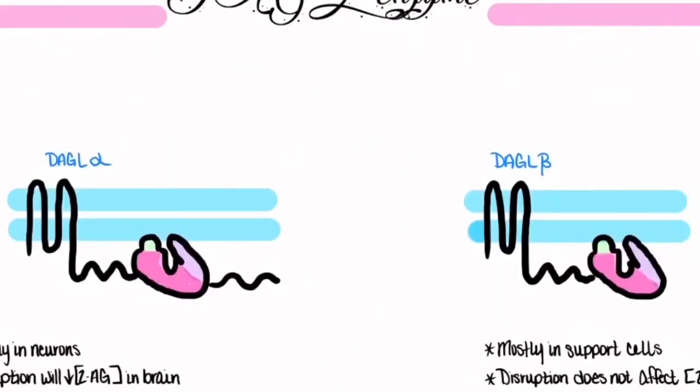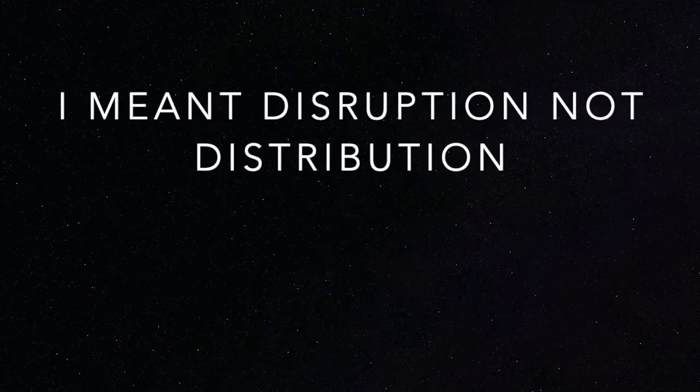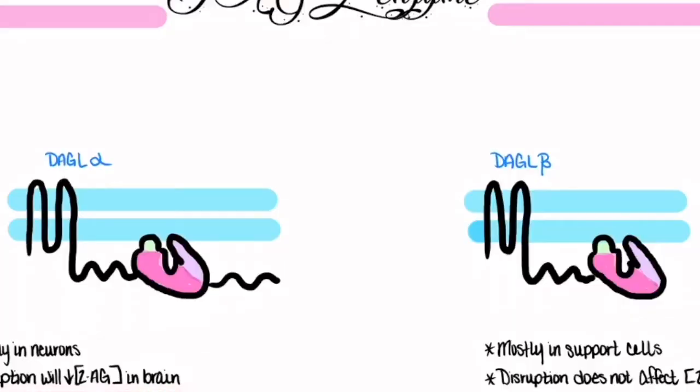DAGL is a multi-pass integral membrane enzyme consisting of two stereoisomers, alpha and beta. DAGL alpha is mostly expressed in neurons and some in supportive cells. Disruption of DAGL alpha decreases 2-AG levels within the brain, which leads to impairment of synaptic plasticity.